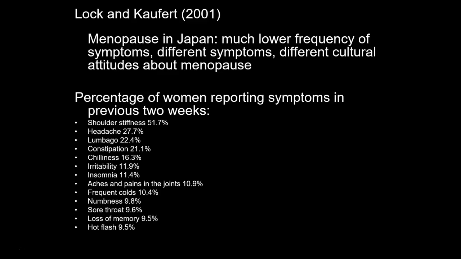So the work on menopause is drawing from research that she did in collaboration with Kaufert. It was published in 2001. And what they found, doing a comparison between experiences of menopause among women in different cultural contexts, is a variety of things. But one of the key findings is that some of the sort of what are understood as the telltale key symptoms that women in the U.S. experience are not experienced in Japan, which is the comparison that they were doing.